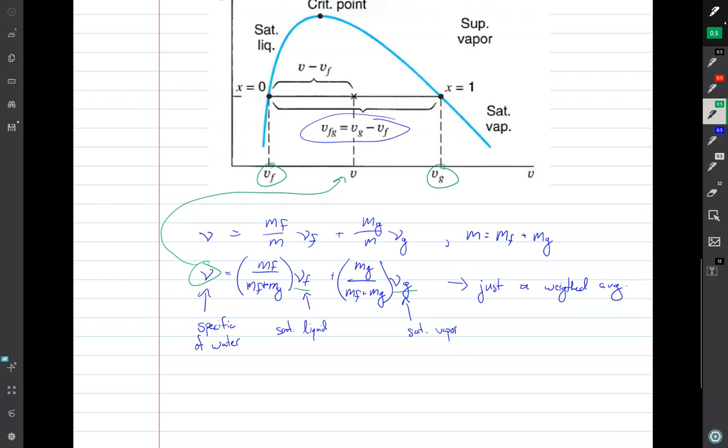So we can describe the specific volume of our actual mixture as the weighted average of the specific volume of the liquid phase plus the specific volume of the gas phase. An easy way to do that is with this concept called quality.